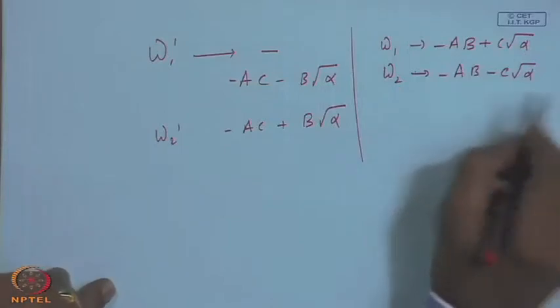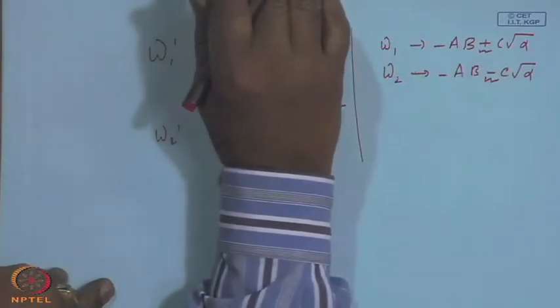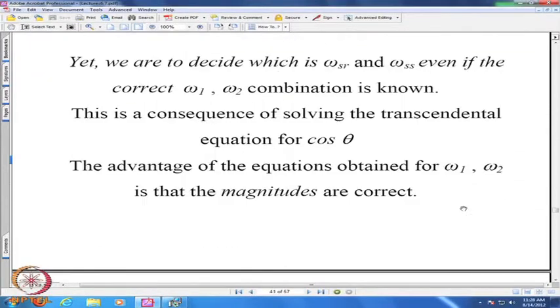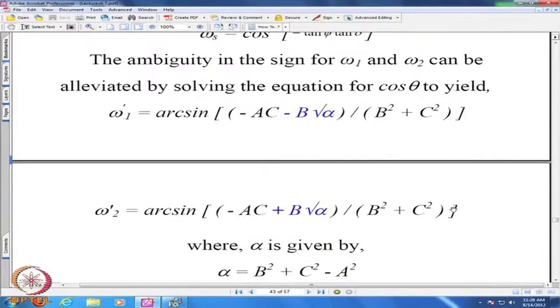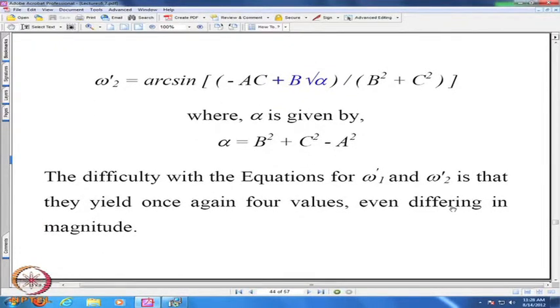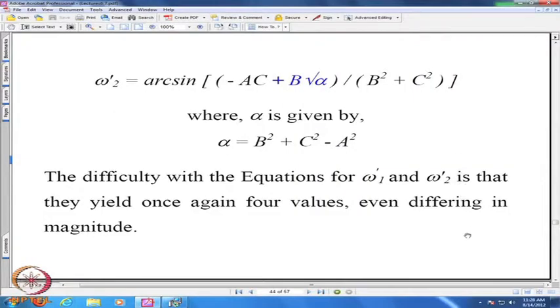In other words, for omega 1 and omega 2, the discriminant signs plus and minus have been deliberately interchanged. This came after considerable trial and error, because whether you evaluate your omega 1 and omega 2 as cosine inverse or sine inverse, in general sin squared phi plus cos squared phi should be equal to 1, and that be satisfied analytically. It does so if I choose omega 1 dashed to be minus and omega 2 dashed to be plus in the discriminant term. So, that is the reason why this looks interchanged.